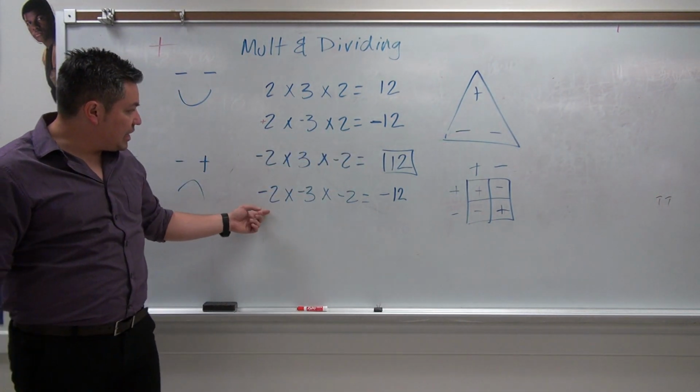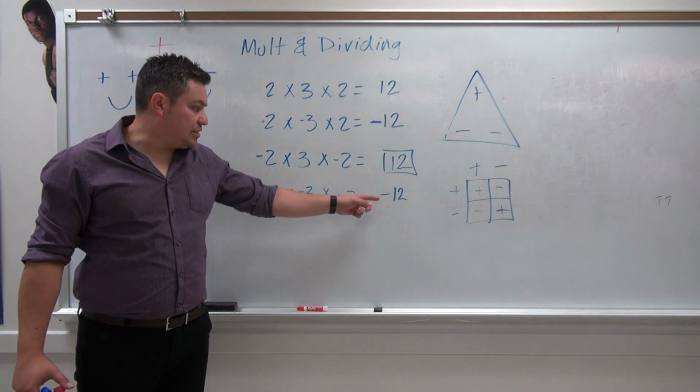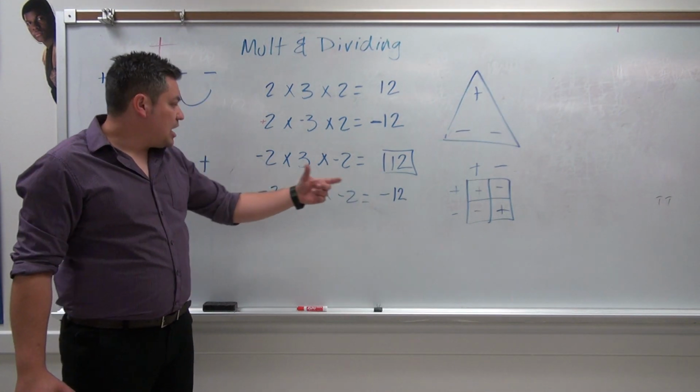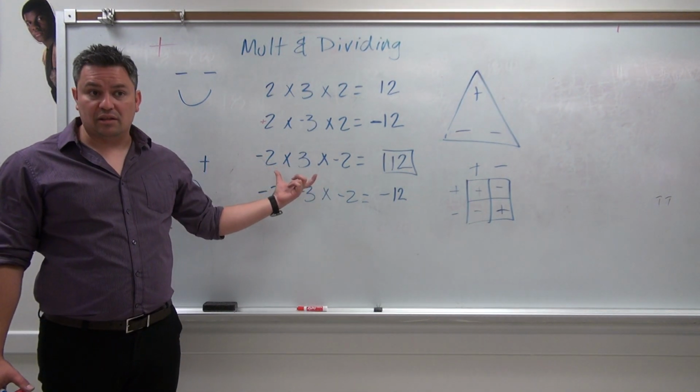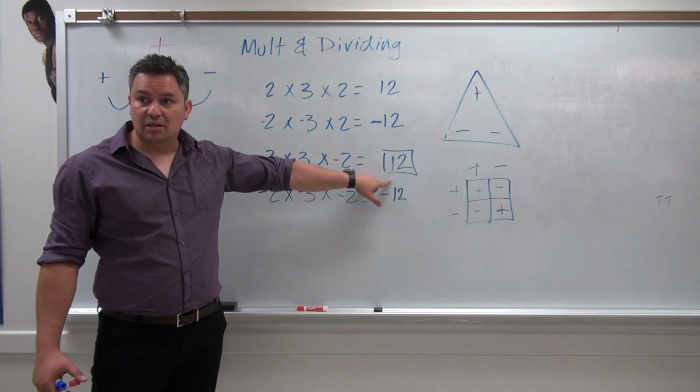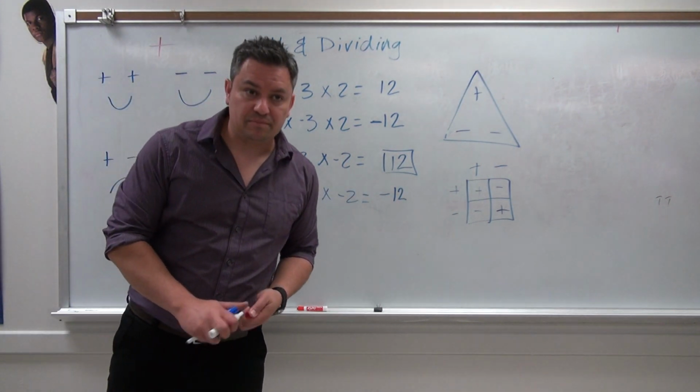This one I have 3 negatives. 3 is an odd number, so my answer is negative. How many negatives do I have in here? 2. It's an even number of negatives, so my answer is positive. That's a good thing to keep in mind as well.